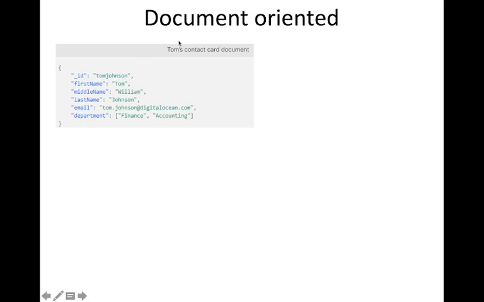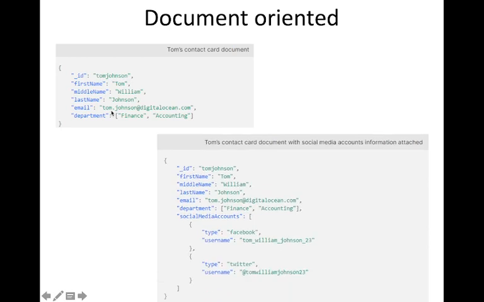So this is an example of a document-oriented database. Here we have Tom's contact card document. The data will be stored like this. It is stored in key-value pairs, key and value. This is the key and the value is like this. And if we want to store more relationships also, this Tom's contact card has social media accounts.